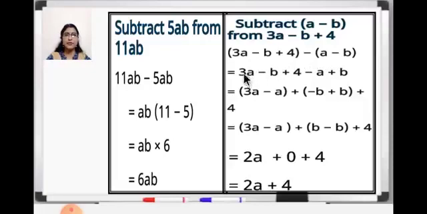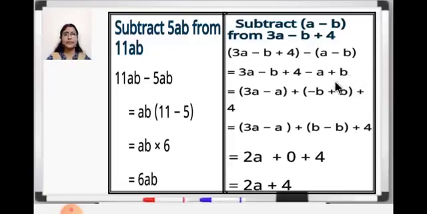So first we'll write as it is 3a minus b plus 4. And here, as minus is there before the bracket, inside the sign will change. This will be minus a, and here minus into minus is plus.